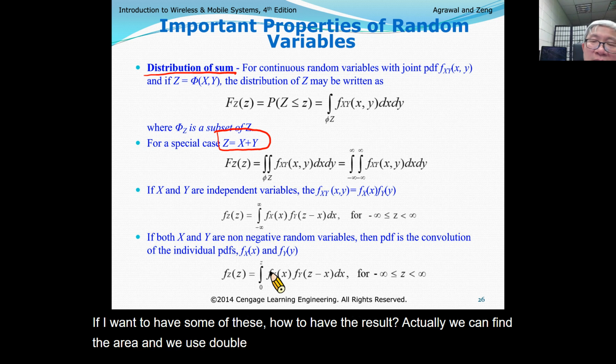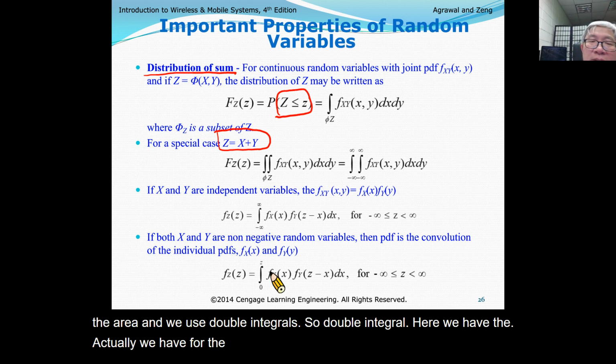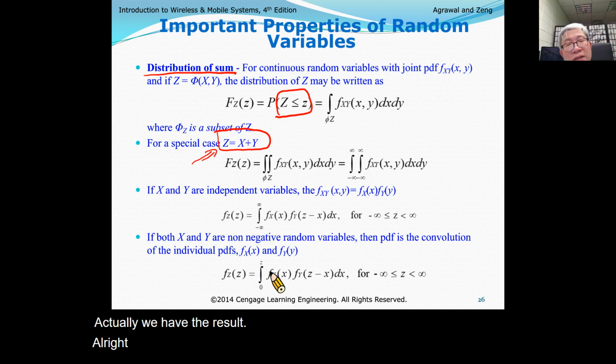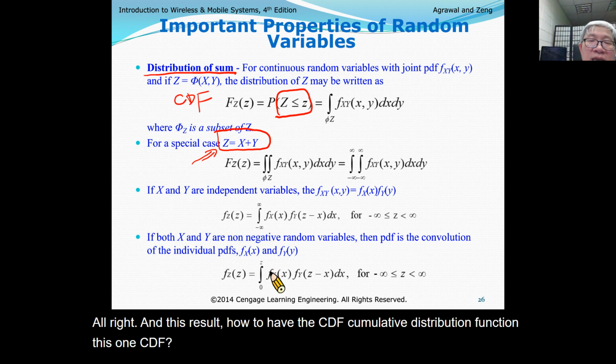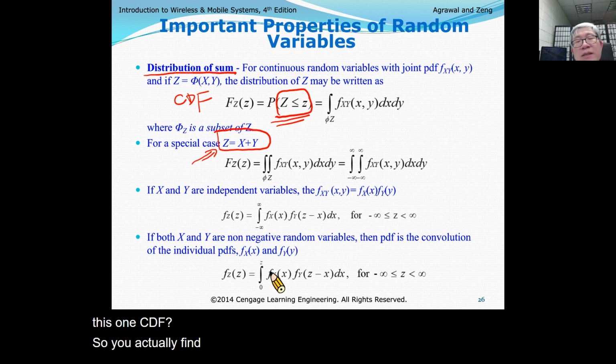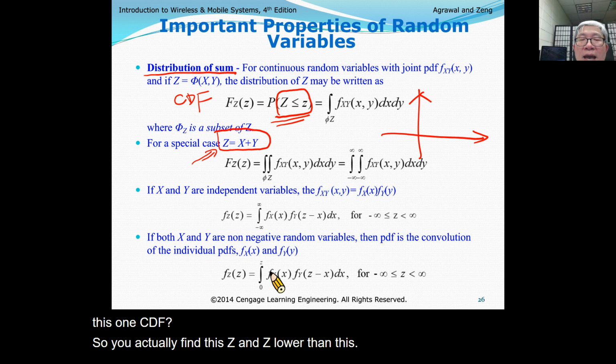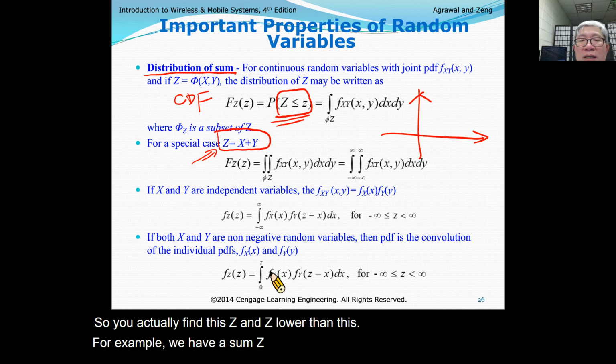Double integral here, we have the result. And for this result, how to have the CDF, the cumulative distribution function? CDF actually finds this Z, and Z lower than this. For example, we have sum Z, right? So the sum of Z should be this.